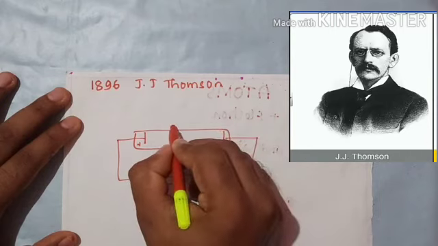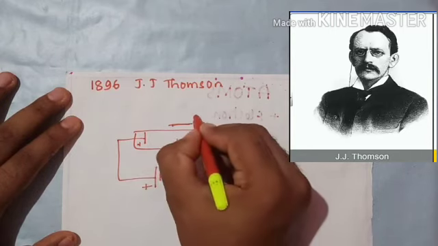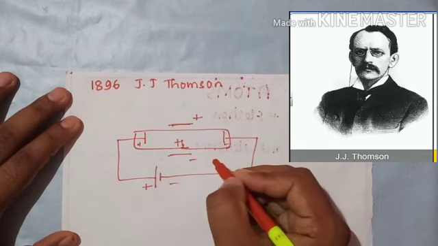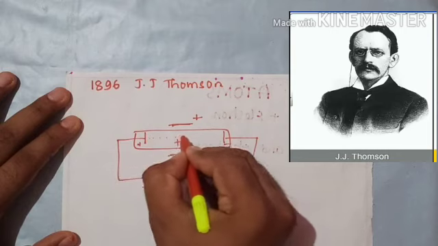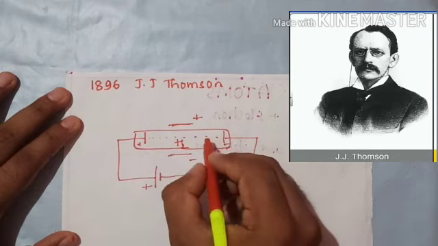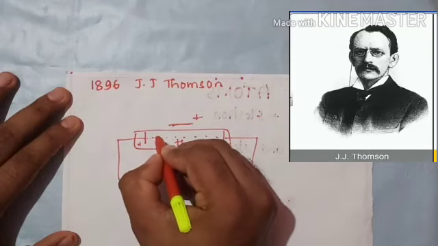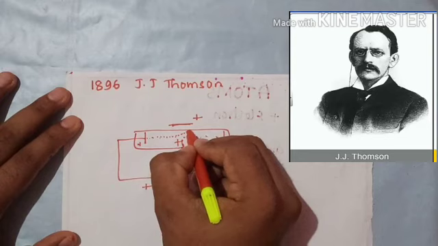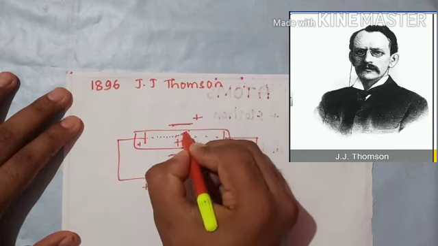Then he applied an electric field. You all know that this is the positive and this will be the negative. He observed that the gases were moving like this. Careful observation indicates that some of the particles are moving towards the positive electrode.